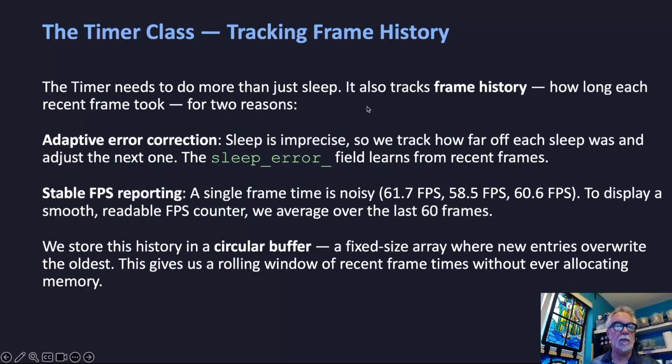But first, there's a couple other things that we're going to have the timer class do. We're going to introduce the idea of frame history. We're going to store the information for the last 60 frames so that we can calculate two things. The one is this idea of a sleep error.